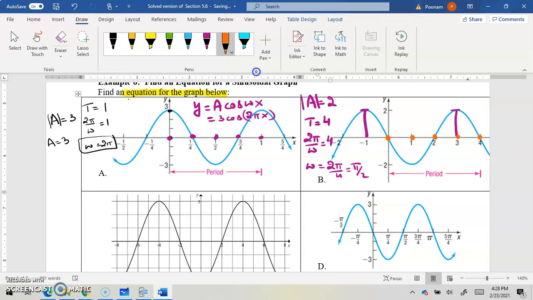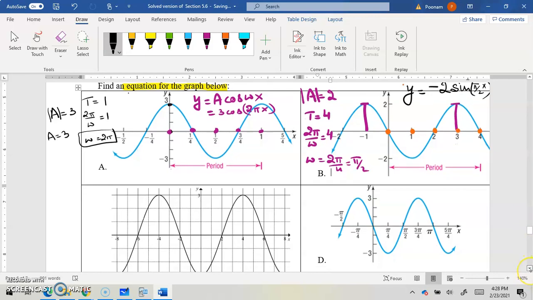That means the graph is reflected across the x-axis, sorry. So that means the graph has to have a negative sign. So the equation of this curve is y is equal to negative 2 sine of omega x, where omega is pi by 2, so y = -2 sin(pi x / 2). That would be the equation of this curve.